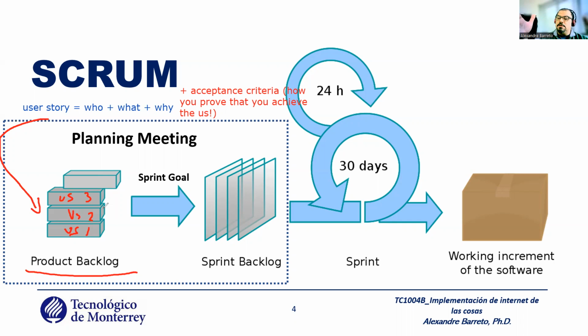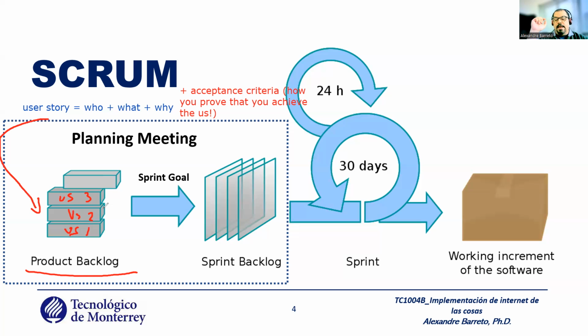It's the focus that you need to develop during one amount of time whose name is sprint. The sprint goal is like, for example, I want the users at the end of the sprint to be able to authenticate in the system.